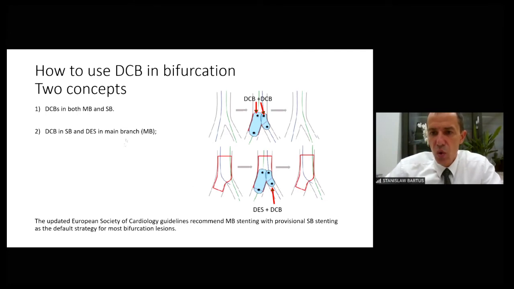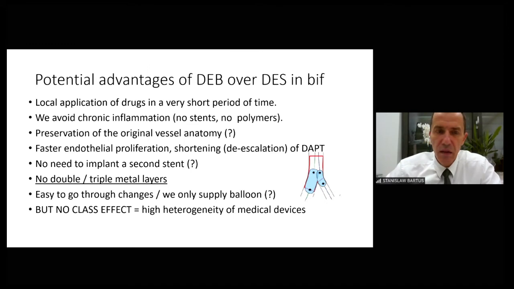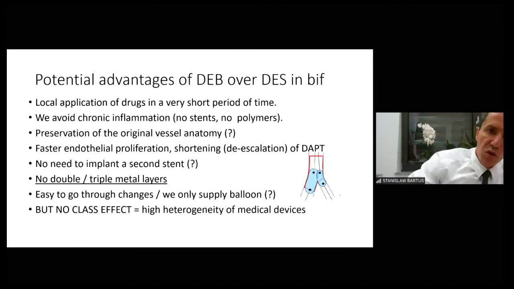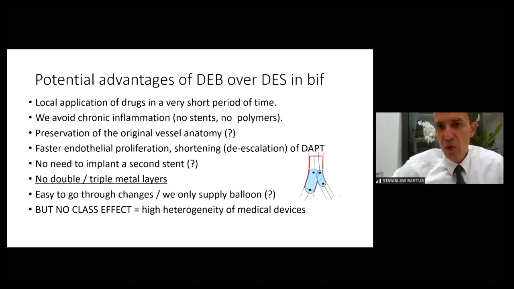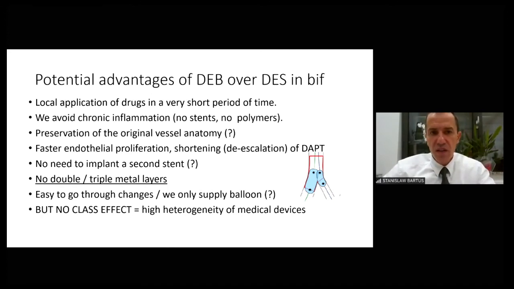So these are two very nice concepts, and for me, the use of the drug-eluting balloons in the bifurcation gives us several advantages. Of course, first of all is local application of the drug for a short period of time, avoiding the chronic inflammation from stents or from polymers, and of course preserving the original vessel anatomy.